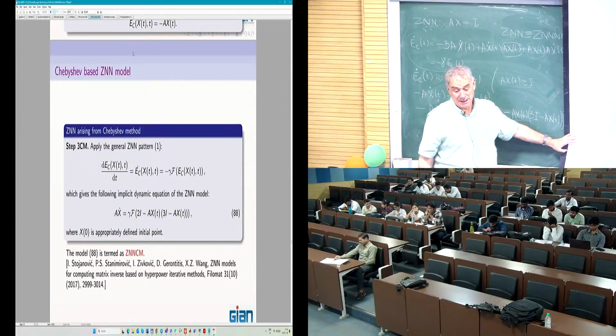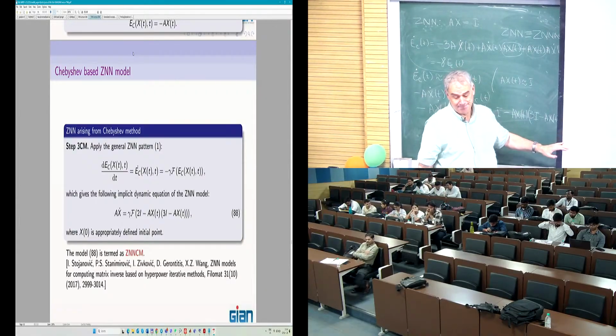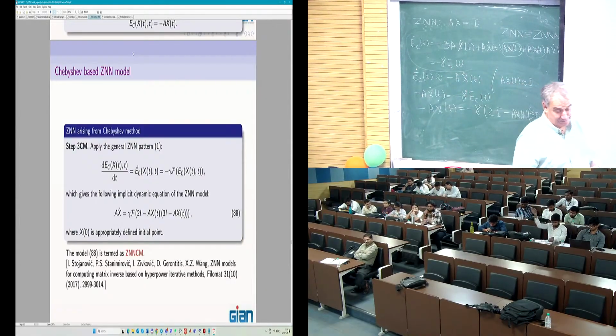X0 is the initial state matrix, the ZNN CM model.